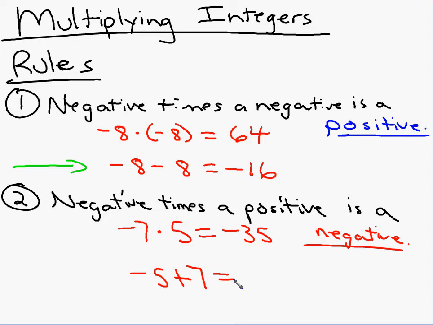Negative 5 plus 7, isn't that positive 2? That's why I say you have to keep the two separated. These rules only apply when we're multiplying, and then we'll find out they also apply when we're dividing. So let's do a few examples.